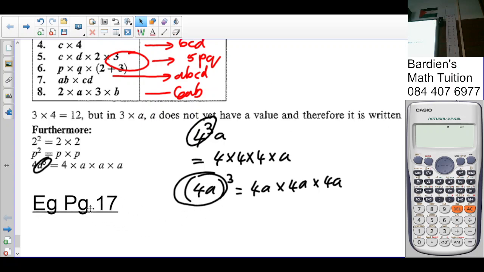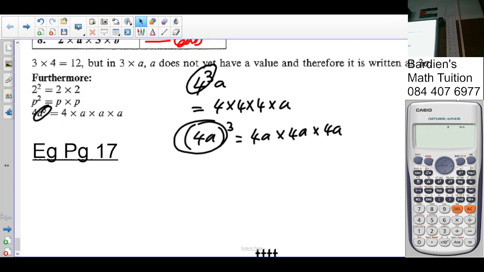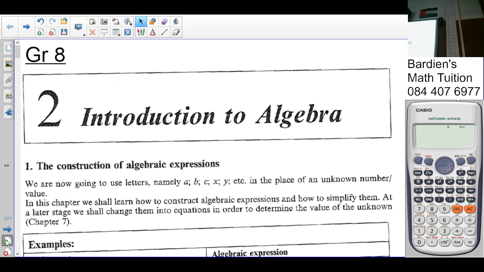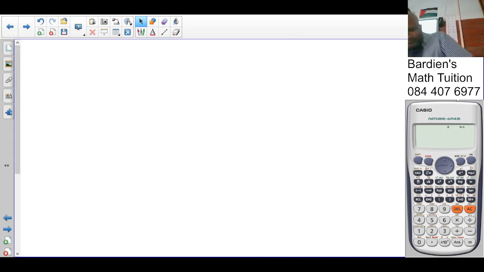Okay, so let's look at the second table on page 17.